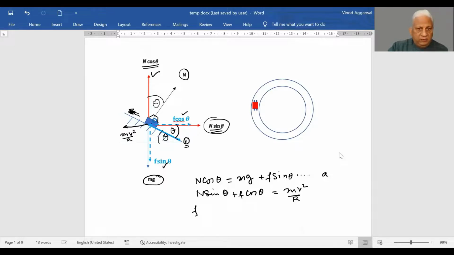We know that frictional force should be less than or equal to mu times N. If this is the case, no skidding will take place. So our frictional force will always be mu N. We don't know the value of N yet.